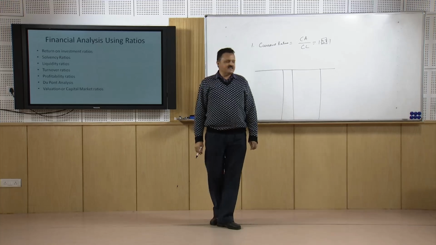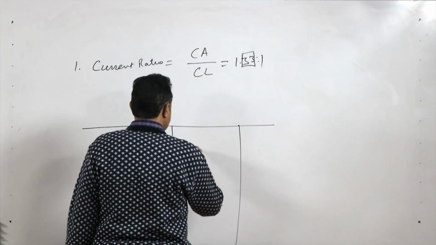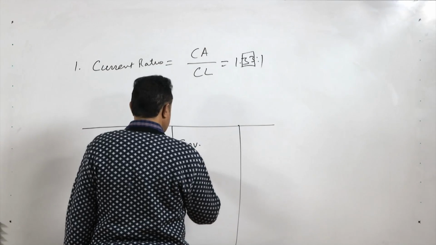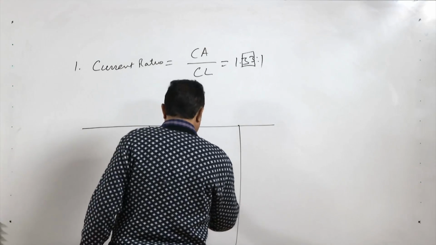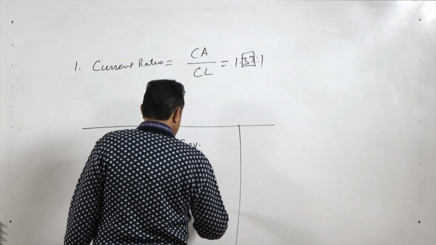As we saw here, the different current assets were inventory, then sundry debtors, then bills receivables, and then we had the marketable securities, and then we had the cash. So these are the current assets.